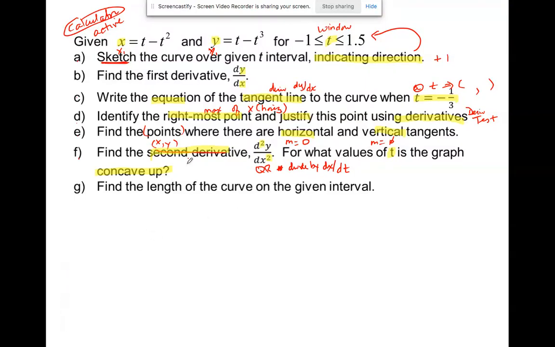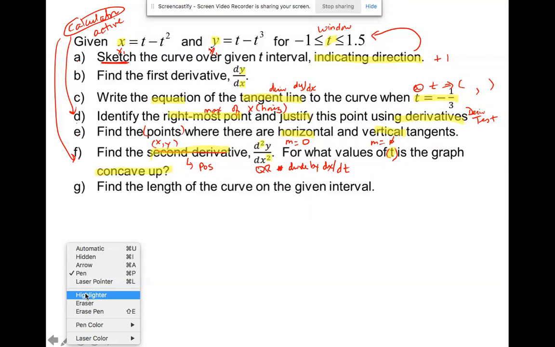That's when the second derivative is positive. But they only need values of t, and I have my calculator. Find the length of the curve.